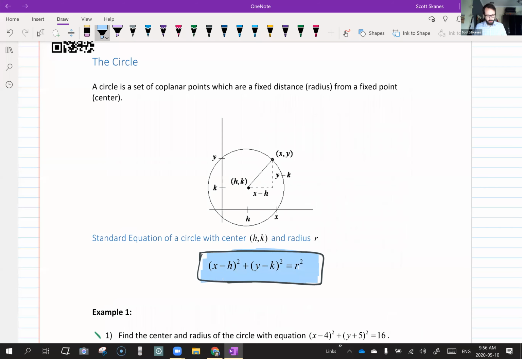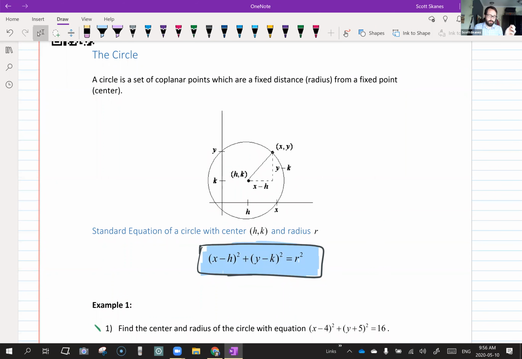You'll notice that circles don't have a vertex. Circles have a center. And our center here is given by h, k. You can see that it's written right here. The center is h, k, the radius is r. Just by giving the equation, we're given pretty much how to make a circle.